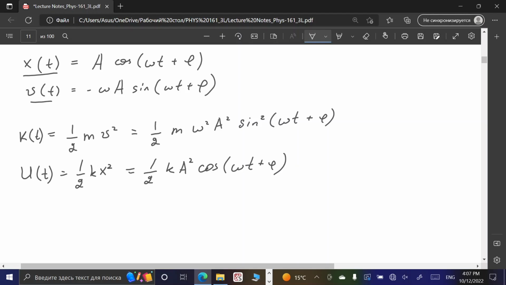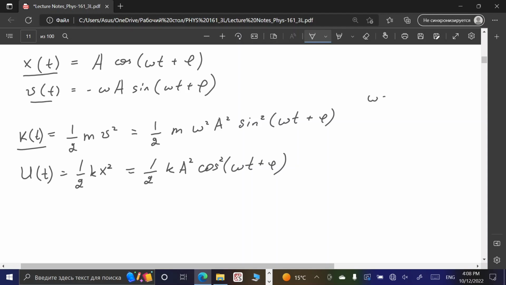Okay, so now let us do some small transformation of previous equation for kinetic energy. We remember from previous discussion that in the process of solving this differential equation, we made a substitution, which eventually was our angular frequency.